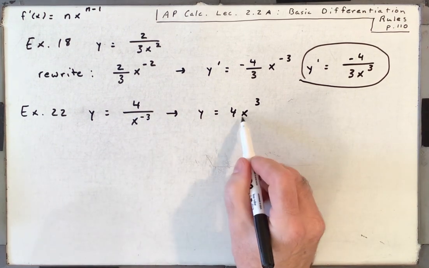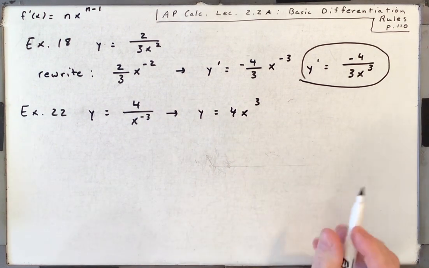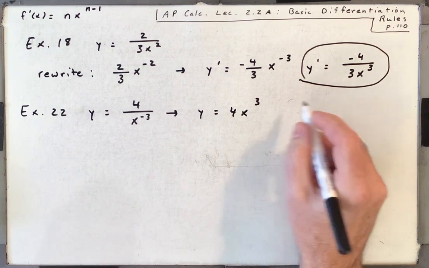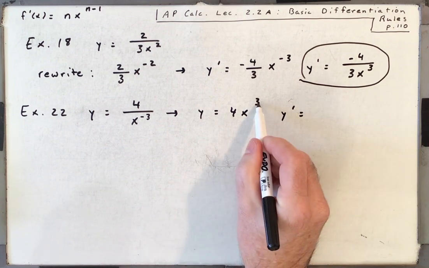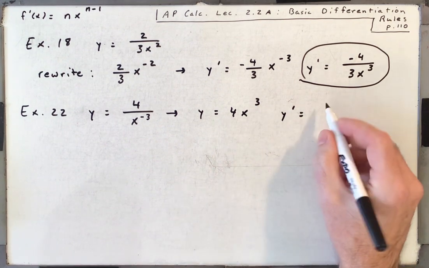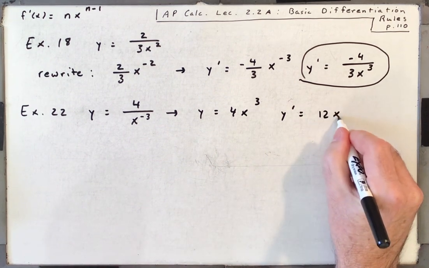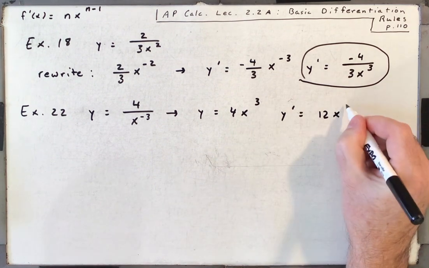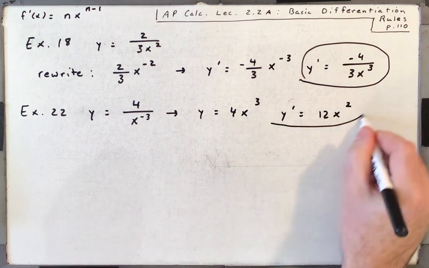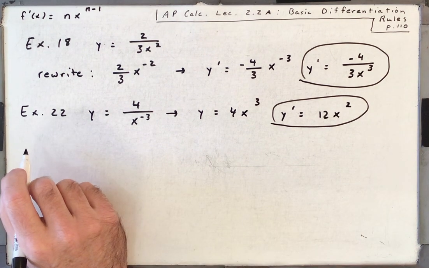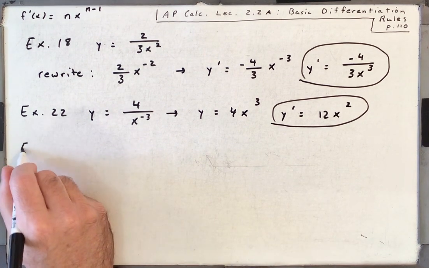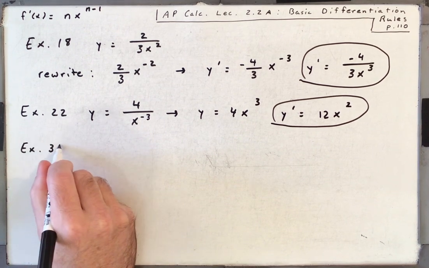So what's the derivative of 4x to the negative 3? You do that in your head before I do it. All right, we're going to multiply the negative 3 times the 4 out front. That's negative 12 times x, and then subtract 1 from negative 3, negative 12x to the negative 4. All right, hopefully you're getting the hang of it. We'll do a few more examples.